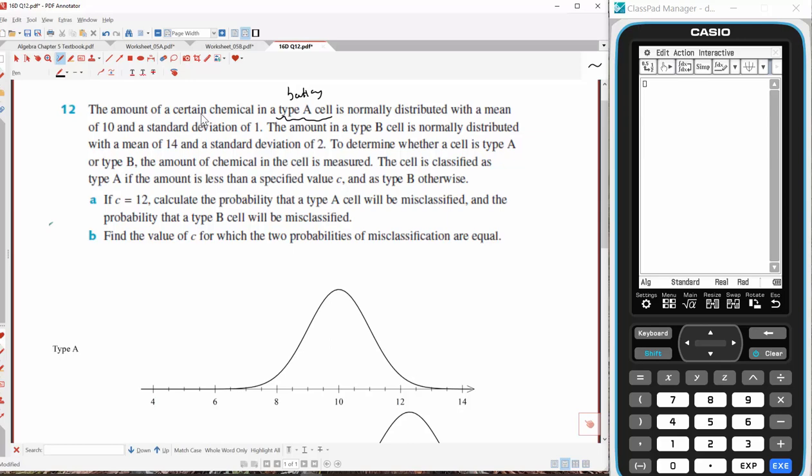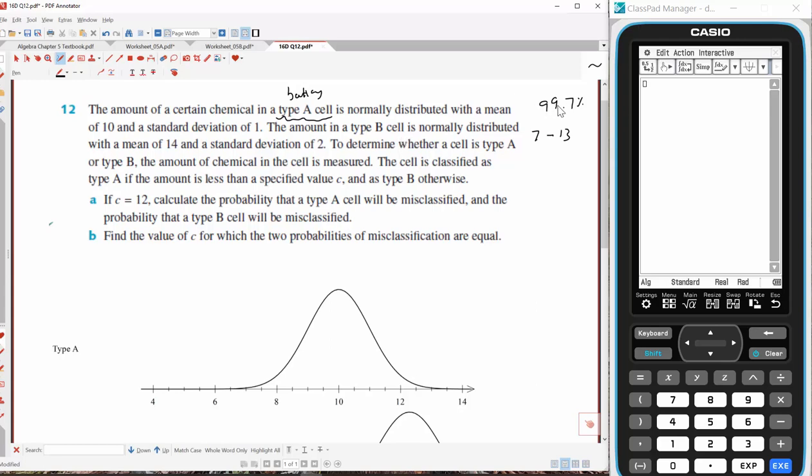Okay, and what I notice is that when I measure the amount of chemical inside it, whatever the chemical is, it's normally distributed with a mean of 10 and a standard deviation of 1. What I can be 99.7% confident in, therefore, is that it's going to have between 7 and 13, plus or minus 3 standard deviations from the mean of that chemical.